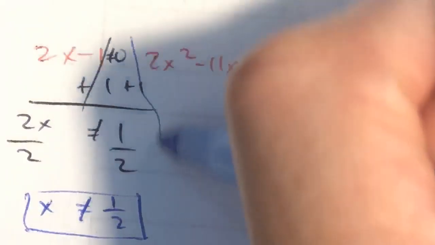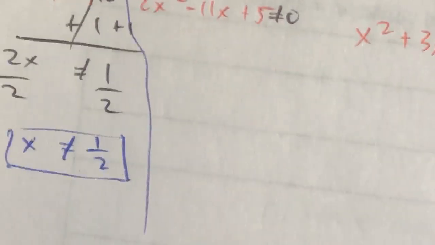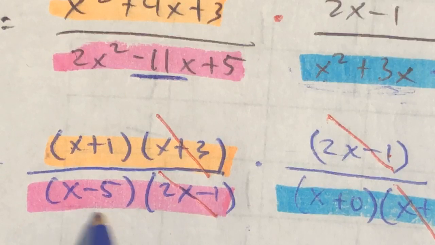Okay, this problem here, 2x squared minus 11x plus 5. How do you solve for x? Well, you just factored above, so let's use that information. There's my answer. I'm going to copy that.